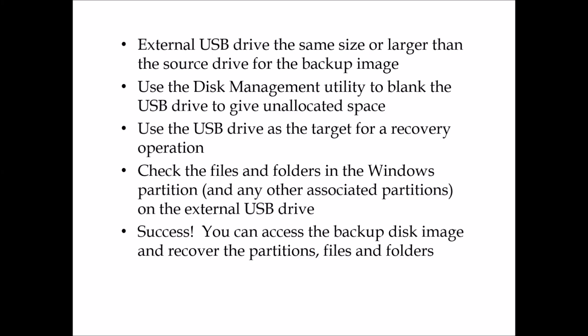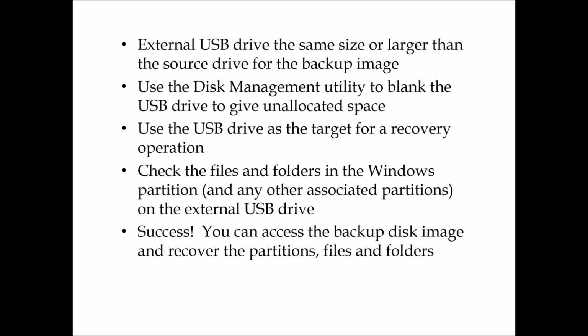That drive wasn't listed, or rather, when I tried to recover it, I couldn't tell it to go to the target drive, the external USB drive, because it wasn't listed. If I make it unallocated space, then it showed up in the list, so that was okay. And then what I do is I choose the USB drive to be the target for the recovery.